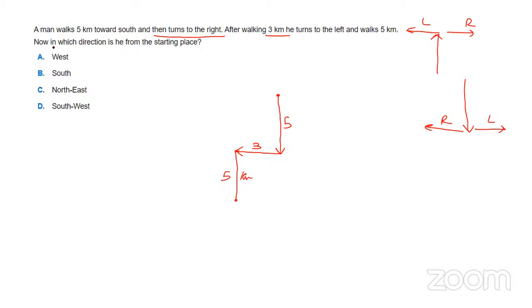And the question here is, in which direction is he from the starting point? So the starting point is here. Now this is the direction he's going to face. So we know that southwest would be the correct answer for this. As I said, the best way to solve this question is to draw the rough figure on paper. That will make it easier to identify the directions.